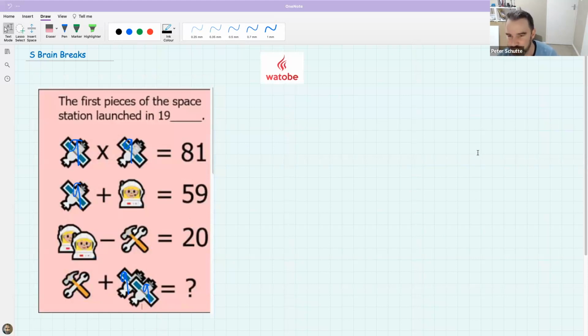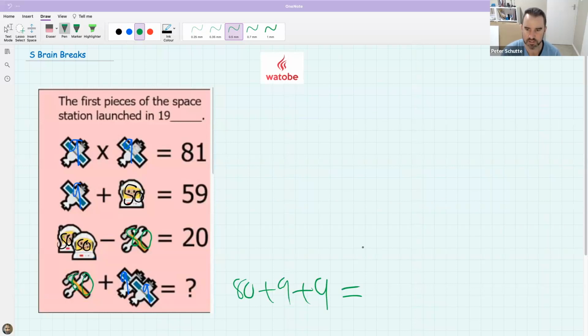I like to know who is the best person to get form tips from. The astronaut is 50, 50, 50. Now, 50 plus 50 is 100. So what's the toolkit? And the toolkit is going to be 80. And now the final thing we have is 80 plus 9 plus 9, which would be 98. Futi agrees, Fazama agrees, Sonic agrees.